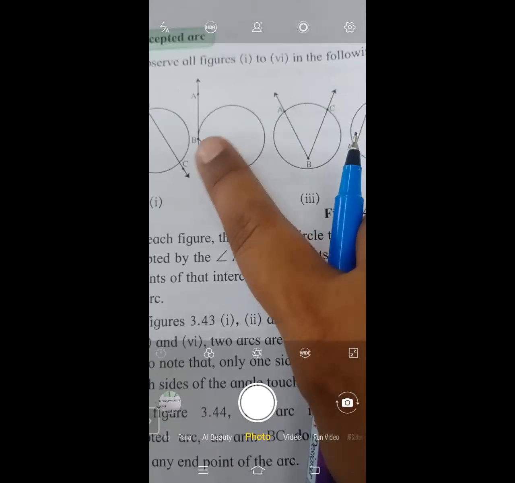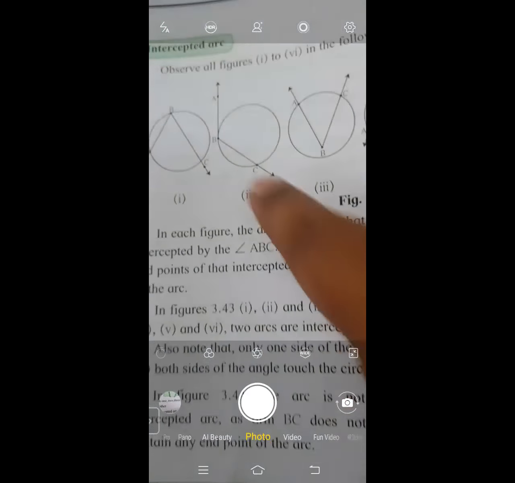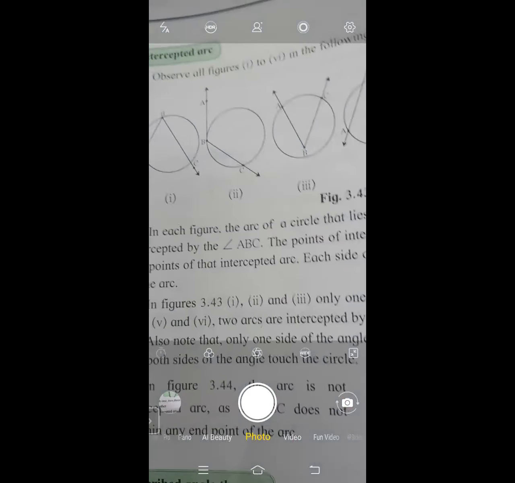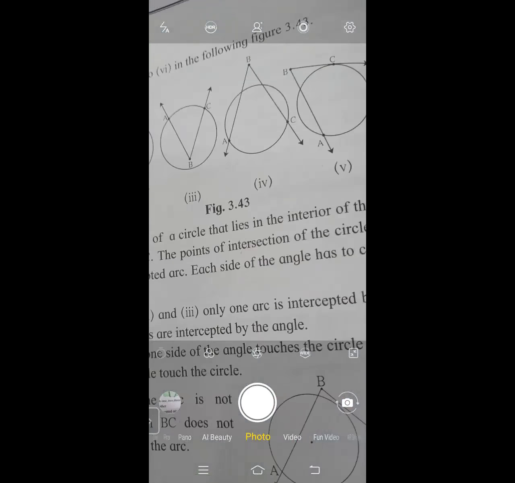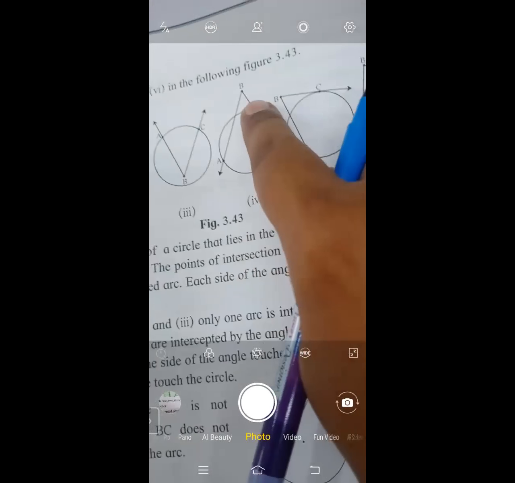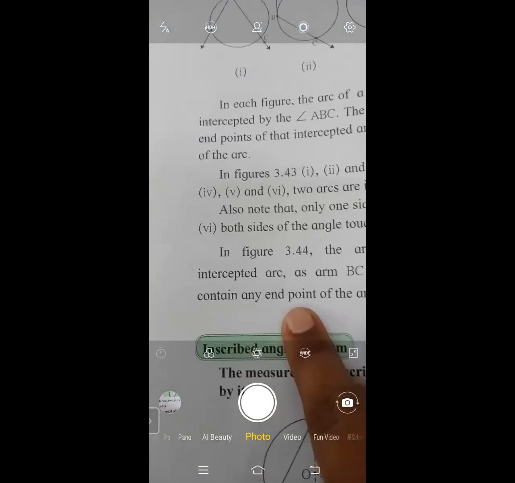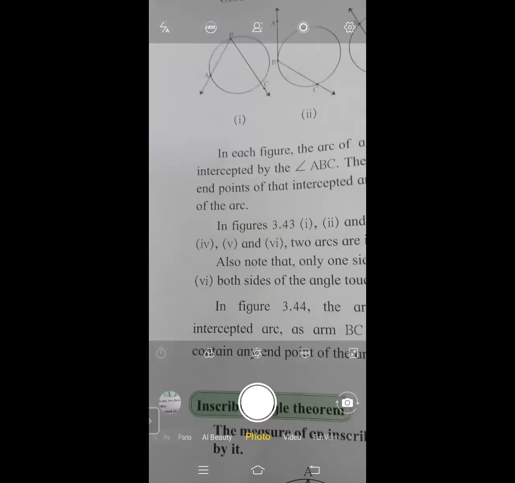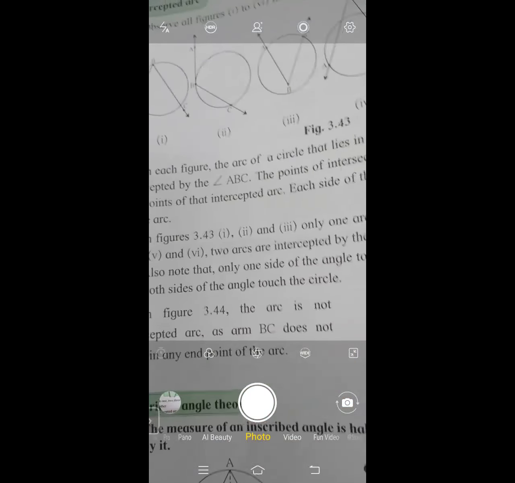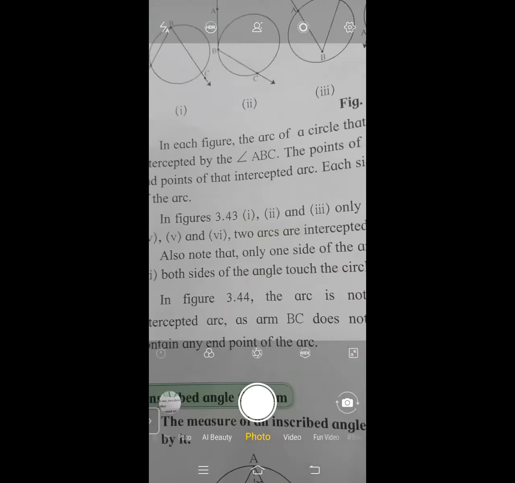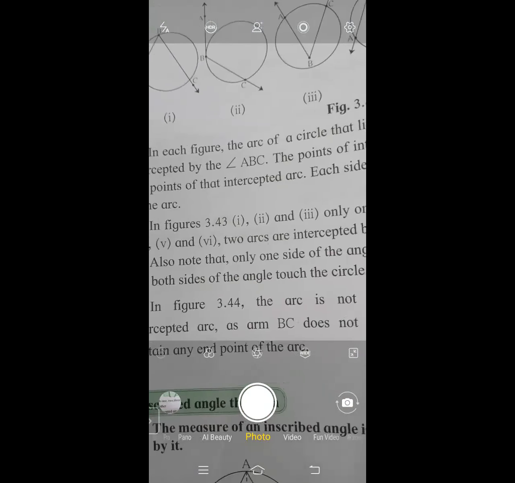This is also not an inscribed angle, as one arm lies outside the circle. This is also not, as the vertex is outside the circle. This also has the vertex outside the circle. Okay, so we will just go through these lines today. We will understand the basic requirements for the proofs which we have to study on the inscribed angle theorem.